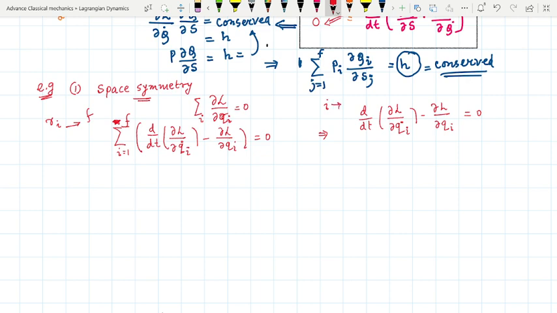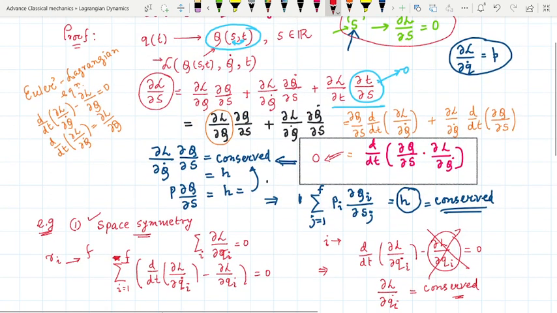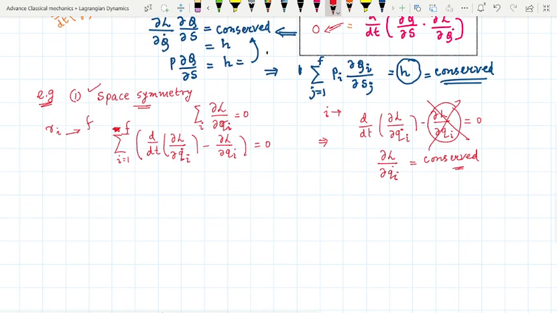Now this quantity ∂L/∂q_i is also 0 due to the space symmetry. So this term gets cancelled out, resulting in ∂L/∂q̇_i remaining conserved. As already stated, what is ∂L/∂q̇_i? It is p, the canonical momentum corresponding to the system. So ṗ_i is 0, p_i is conserved.